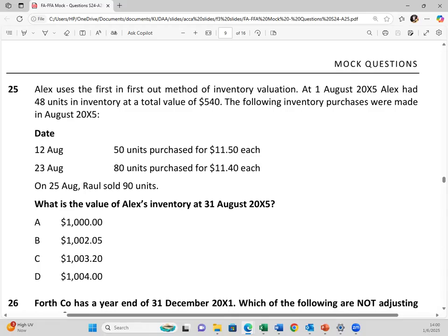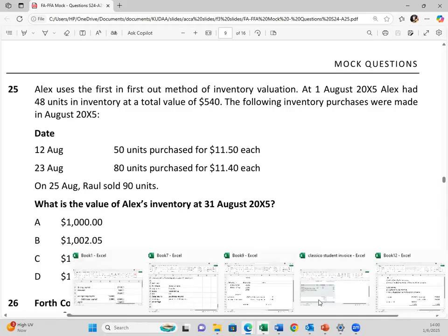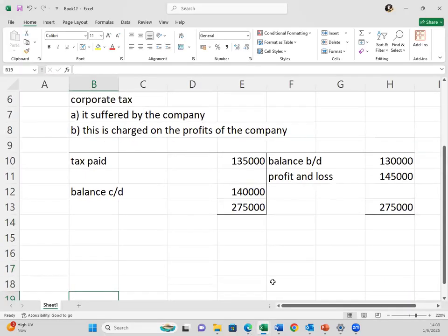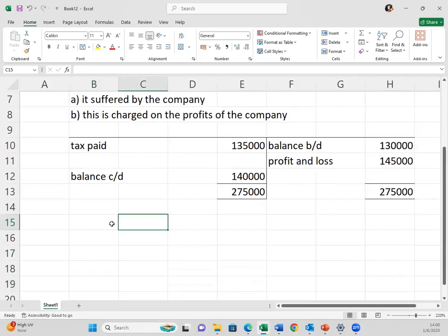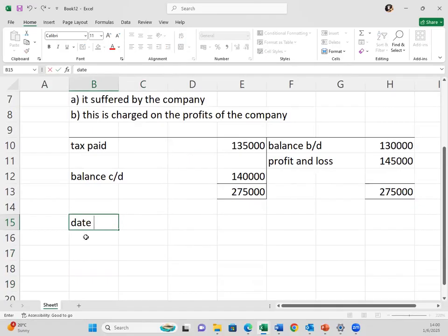So let's use the approach that we did in class. We start with our purchases: the dates of purchases, then the price, and then the quantity.